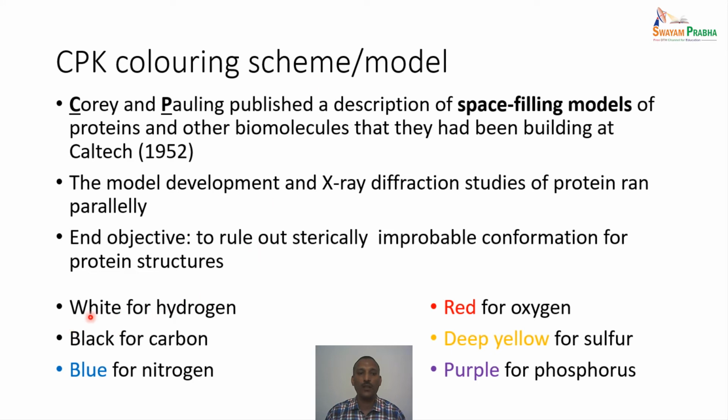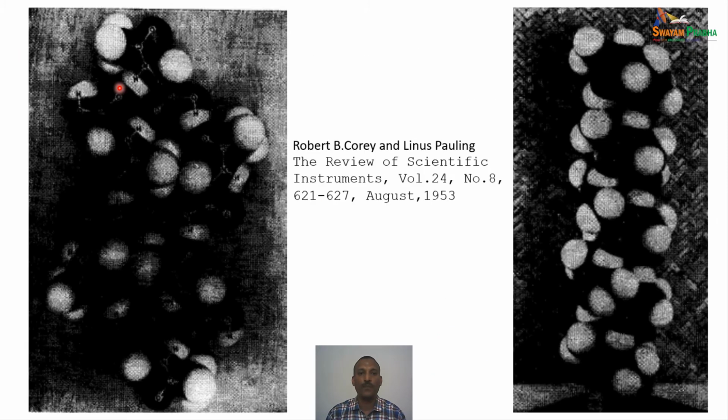In the beginning they used white for hydrogen, red for oxygen, purple for phosphorus, blue for nitrogen. Of course, I try to keep similar colors for the representations which will be used in this particular session and later on. In this particular paper, we will be trying to use the similar colors represented by the CPK coloring scheme.